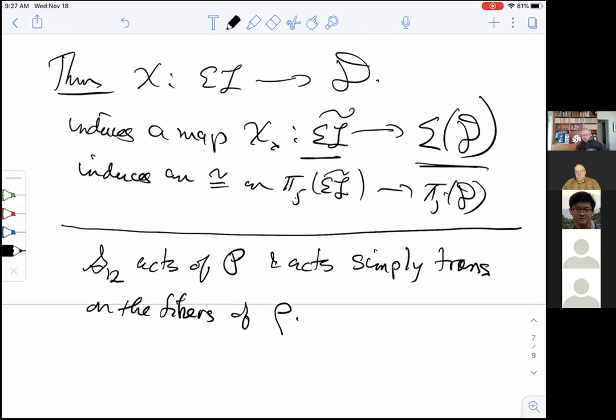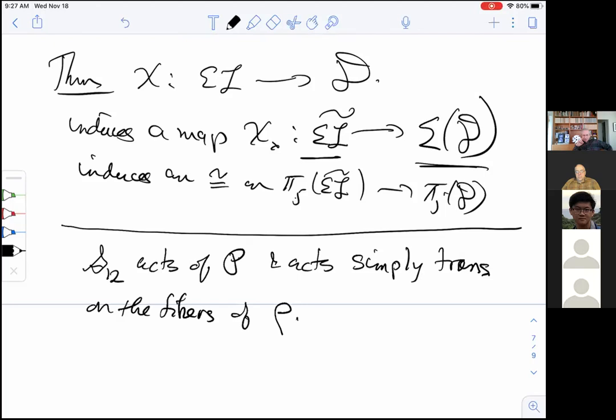That was the lemma: if you have two elements in P that have the same descending path, then they differ by one of these automorphisms that fixes the norms of x squared and y squared.